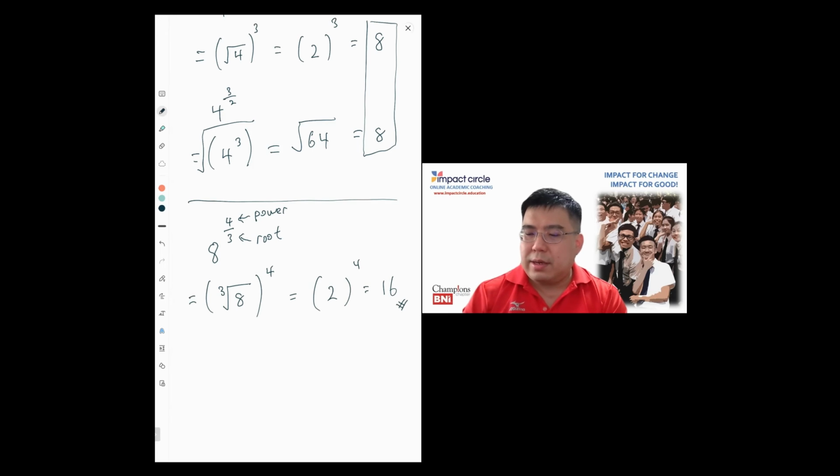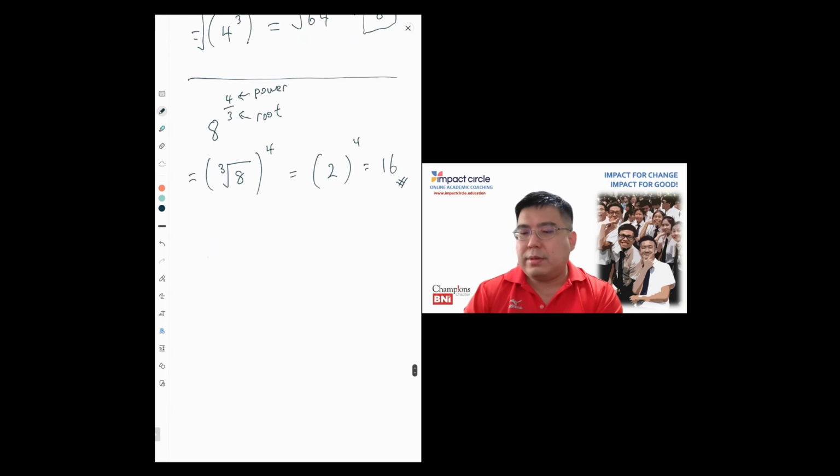Okay, let's try another example. So what happens when we have 9 to the power of 3 over 2? Again, the top of the fraction will be the power, and the bottom will be the root. So 9 to the power of 3 over 2 will be taking the square root of 9, and then you cube it.